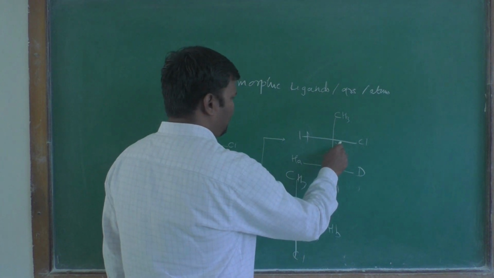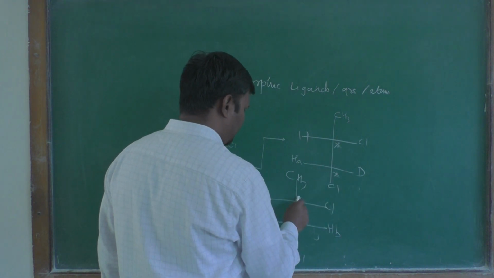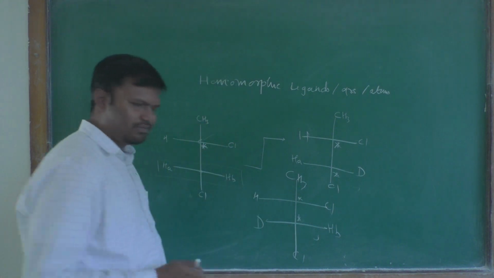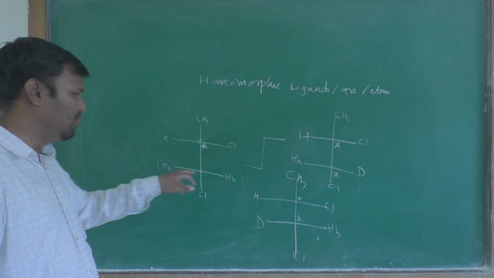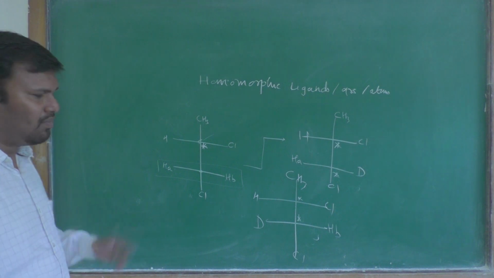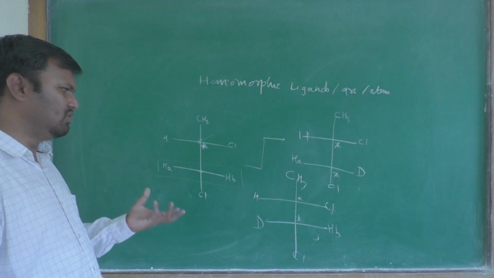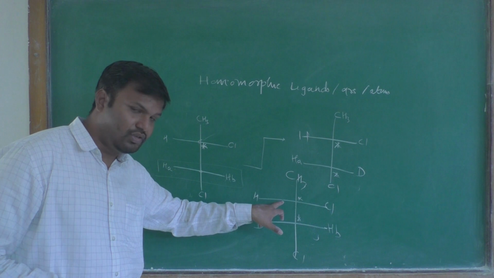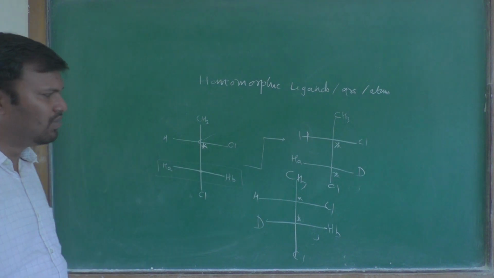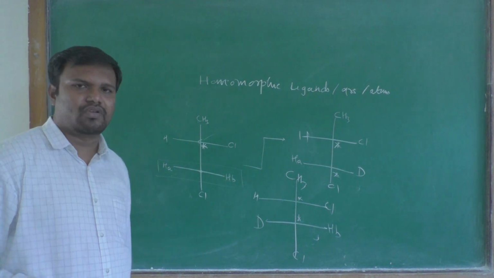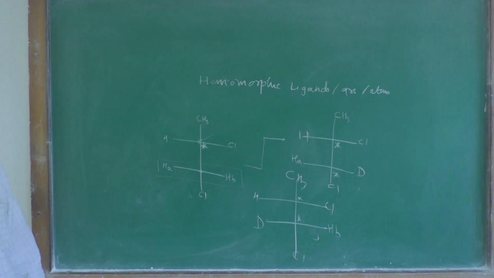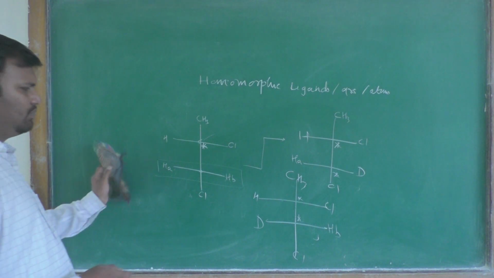Okay, these two compounds have two chiral centers, therefore these are diastereomers. By replacing homomorphic protons with one of its isotopes, two compounds are obtained that are diastereomers, and therefore these homomorphic protons are called diastereotopic protons.